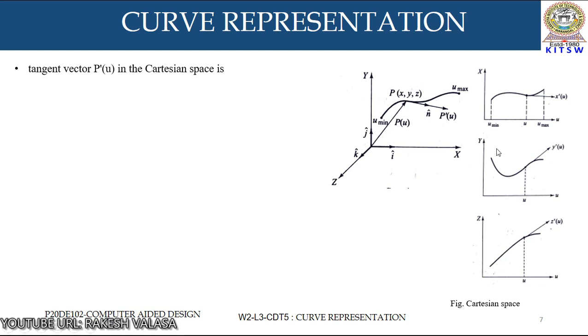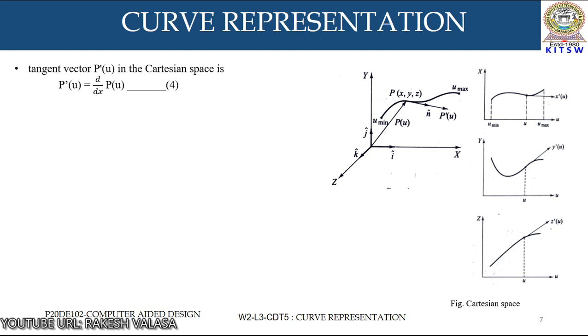To evaluate this slope, here this is the slope. To evaluate the slope of a parametric curve at an arbitrary point, here P of x, y, z is the one arbitrary point. The concept of tangent vector: for finding the tangent vector, that means P dash of u in the Cartesian space, we know that formula already; we have learned in physics or engineering mechanics.